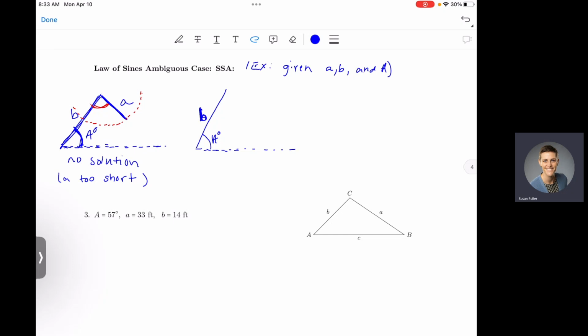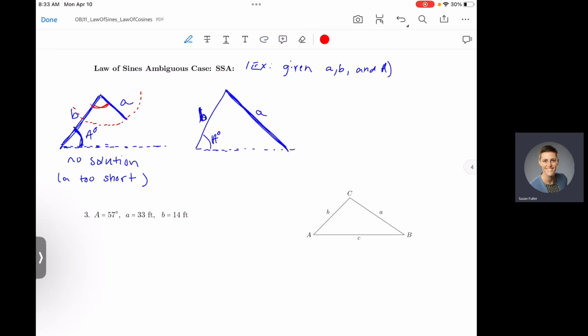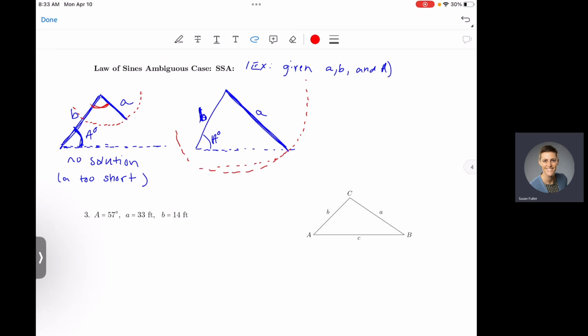If side A is longer than side B, let's say it's this long, say that's how long angle A is, then again we are going to use a circle here. Pretend that this is a circle and I'm moving this around. If I swing angle A around to see where it hits this bottom dotted line, A is longer than B. It's only going to hit it over here.